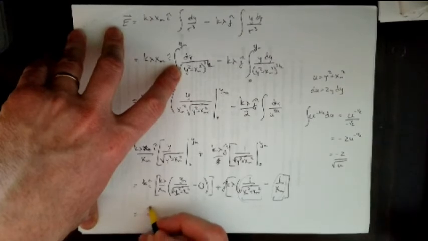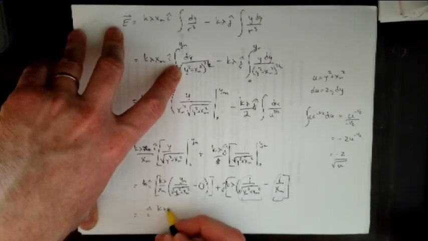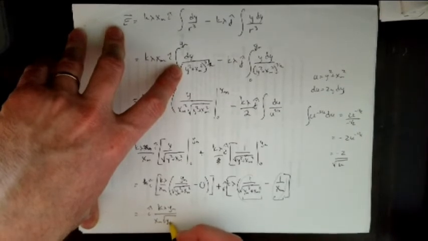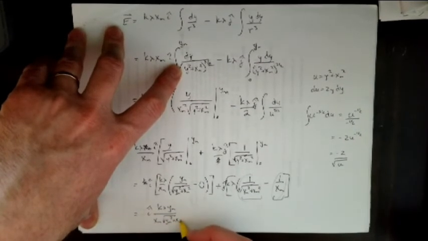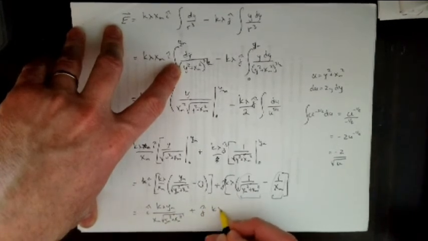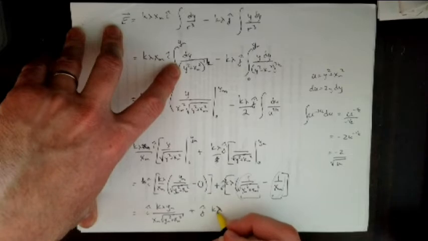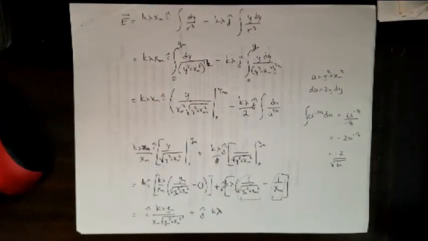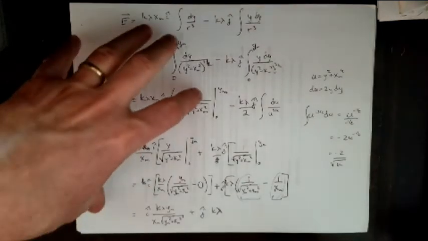So i hat k lambda y sub m over x sub m square root y sub m squared plus x sub m squared, plus j hat k lambda. Now it comes down to how do you want to actually do it. Please be aware or cautious that your lambdas and x's do not look the same.